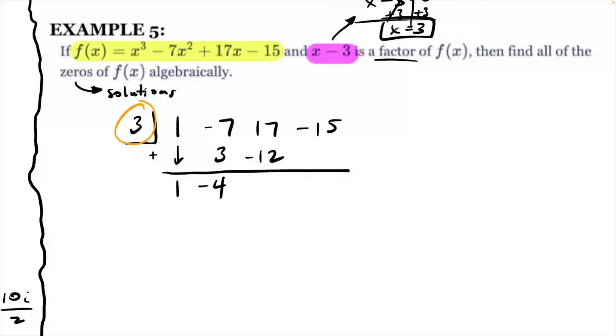Add straight down, we get +5. Multiply 5 times 3, we get 15. Add straight down, we get 0, which we wanted to get because we wanted a remainder of 0. 3 works. 3 is an answer. We've got 2 others to find.